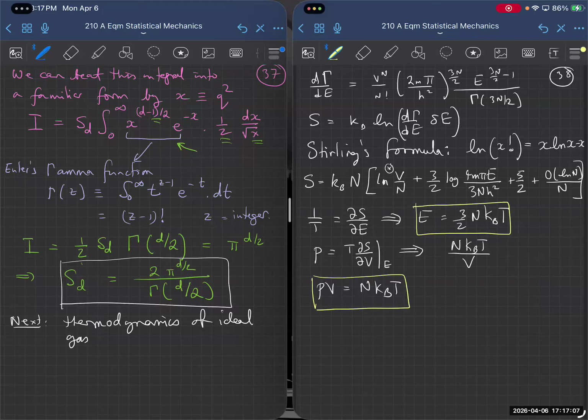The ideal gas. Which ideal gas? The classical ideal gas. Yeah, that's where you saw those formulas. But were we computing the classical ideal gas? No, we were supposed to be computing the quantum ideal gas.